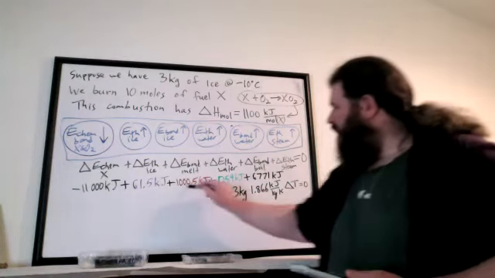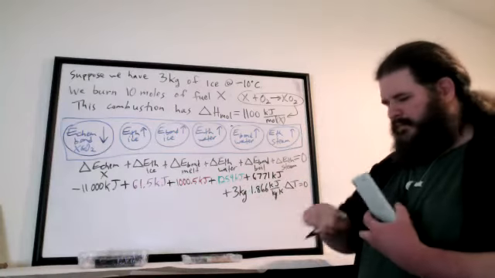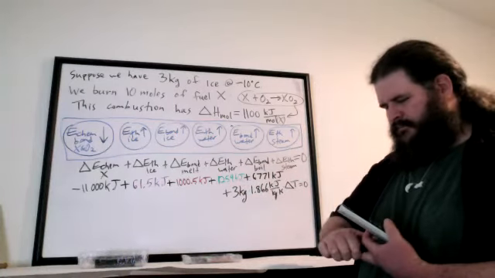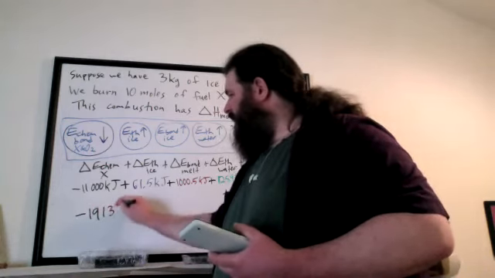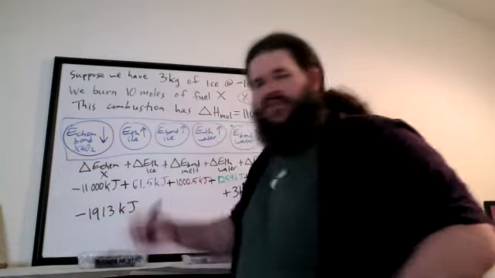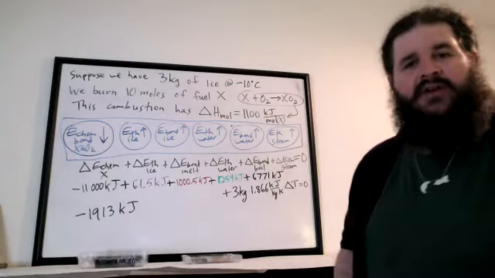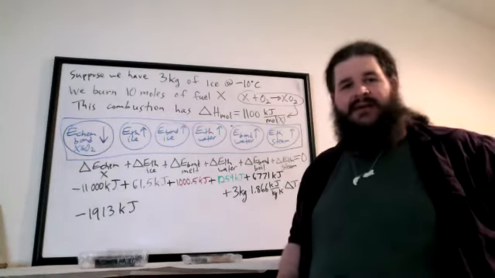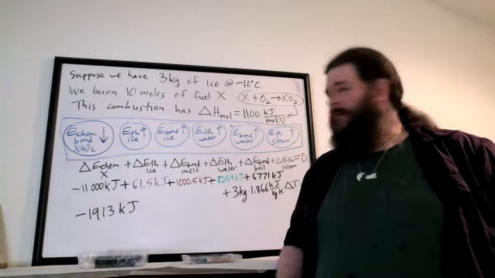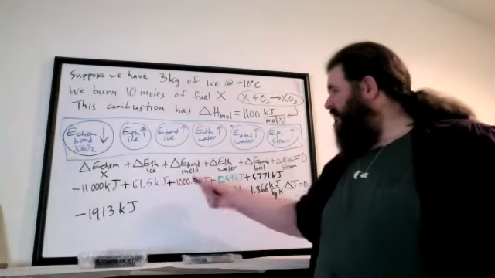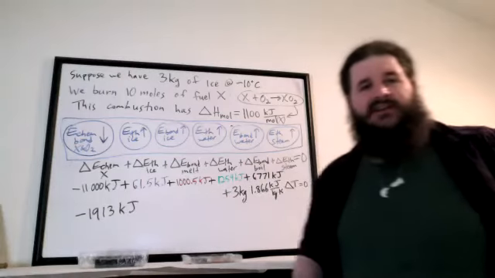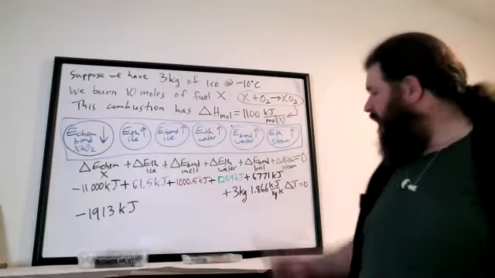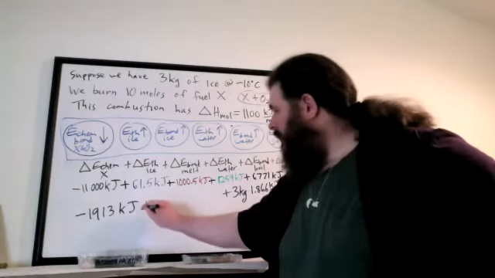So these terms so far combine to negative 1,913 kilojoules. That's the balance. That's the extra leftover energy that we still have available from burning the fuel after we've warmed up the ice, melted it, warmed up the water, and boiled it. This is basically telling us how much leftover energy is available for warming up the steam.